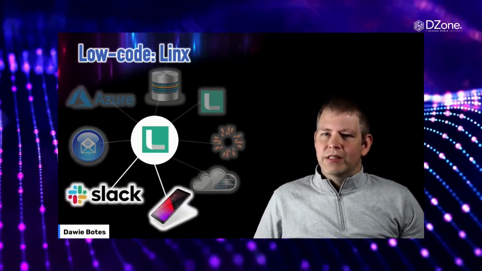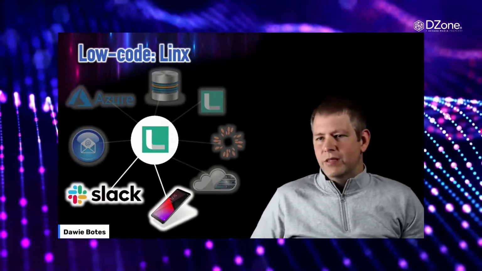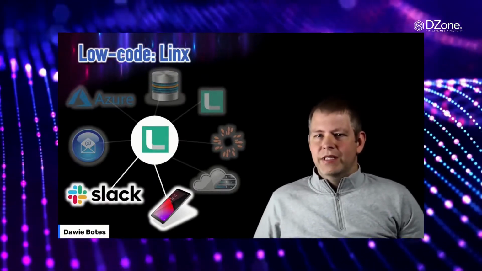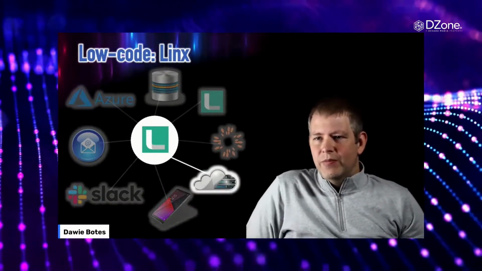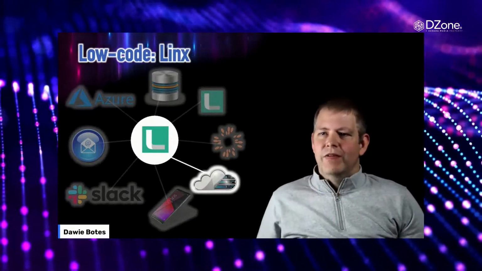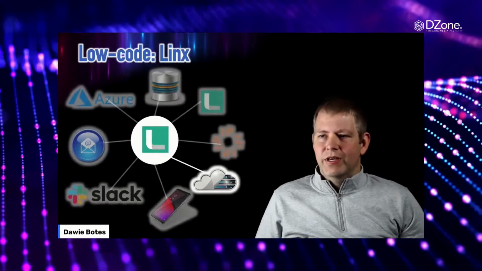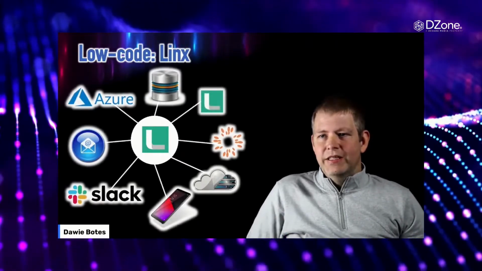Then we also send out notifications to our staff using Slack or SMS, whatever is needed at that point. And finally, again using REST API connections, we keep an eye on our servers 24/7 to make sure everything stays up and running and everything's working fine. So all of this is automated and built in Linx.